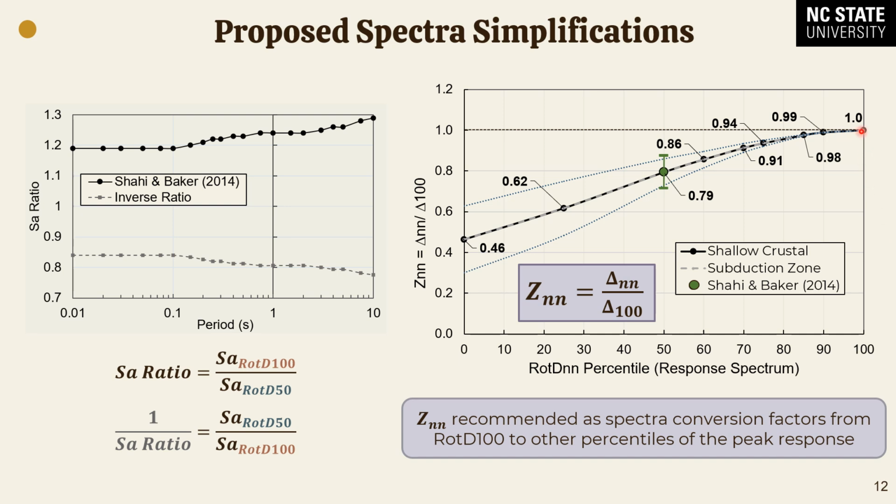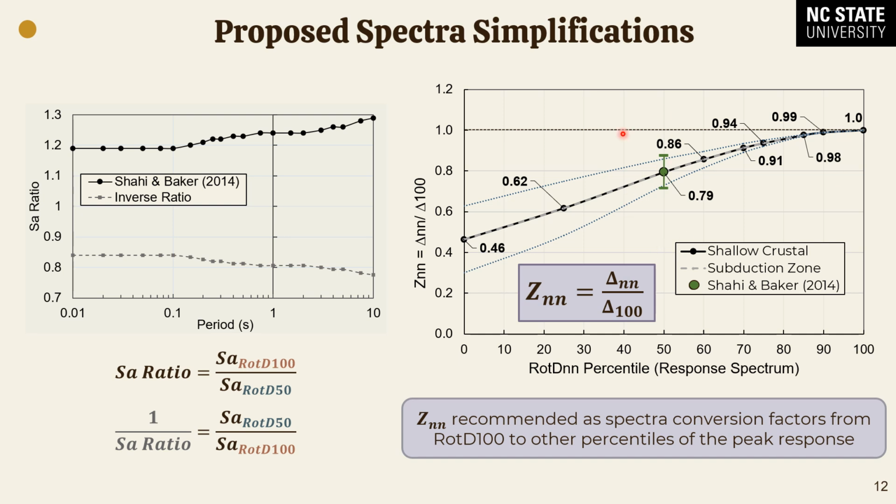As well, we didn't see an impact of damping ratio. So no matter if the design spectra is damped at 5% versus 15%, there is no significant variation.